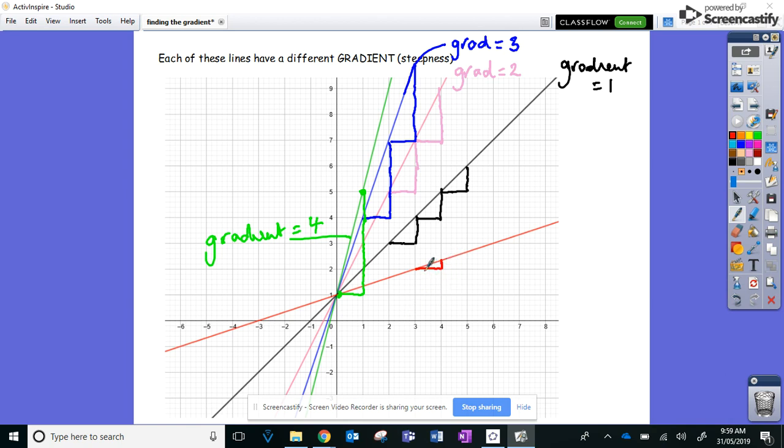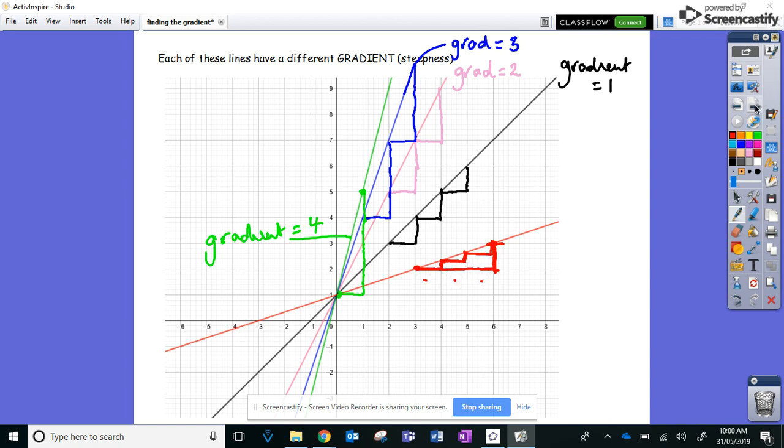So the best way to do this is if I just keep extending like this until I know that I've gone up 1 spot. I've gone across 3 before I can go up 1 full step. So that means that each time I go across 1, I must be going up a third of the way, a third that way, another third, which makes this full step after three steps across.